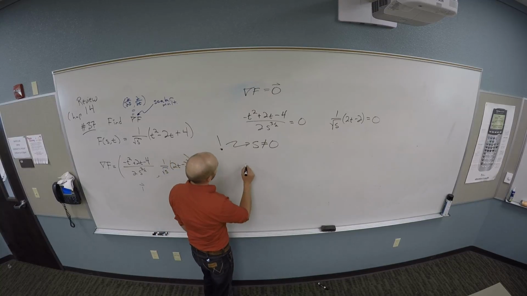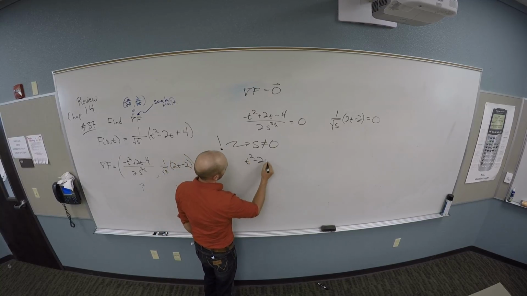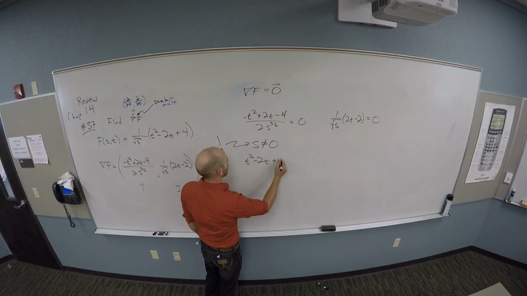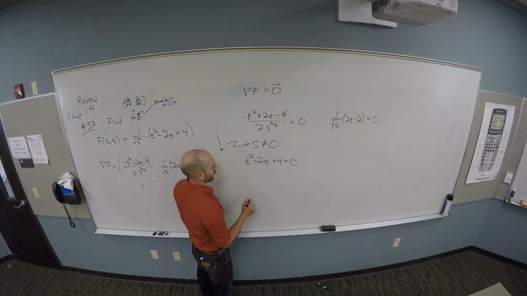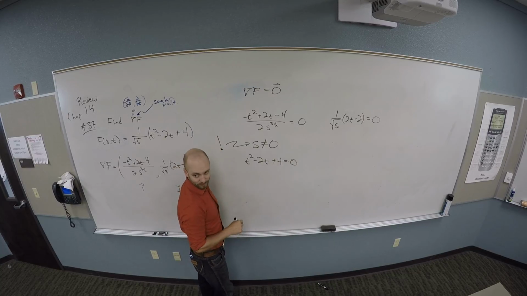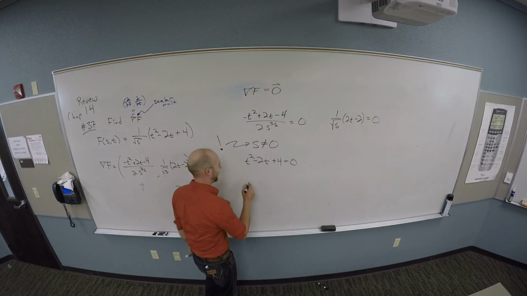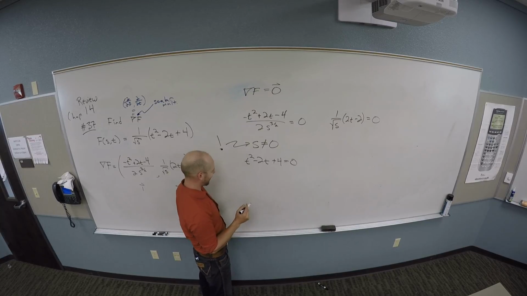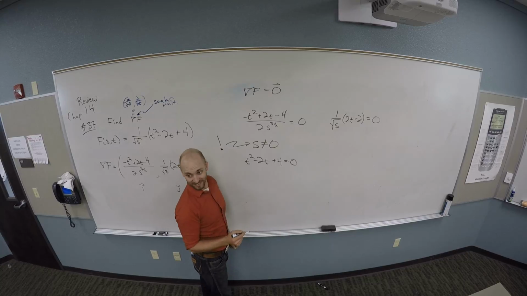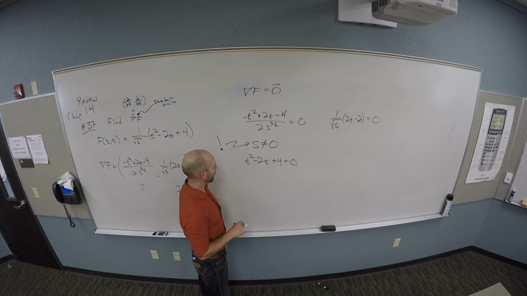So I've got t squared minus 2t plus 4 is 0. Minus 4, I switched the signs. Okay, and then can I factor this? No, not with the quadratic, but I can complete the square.